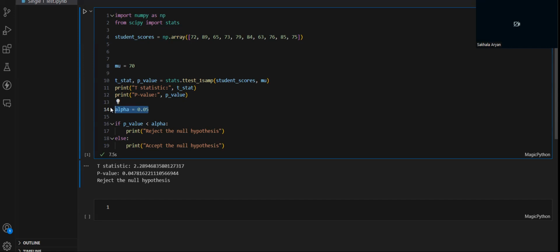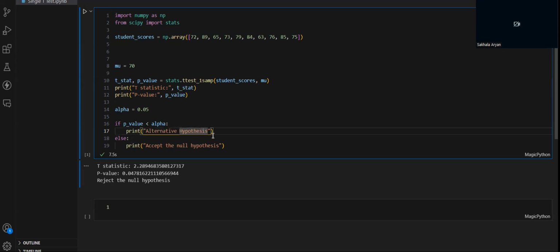What we will try to do is, if p-value, which is basically a probability, is less than alpha, I will reject the null hypothesis. I'll go with the alternative hypothesis.